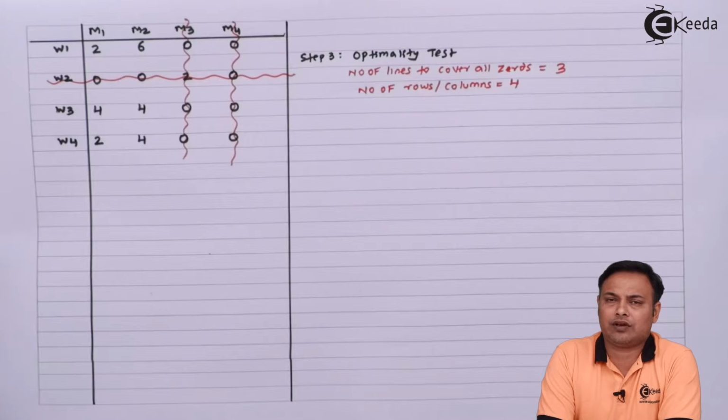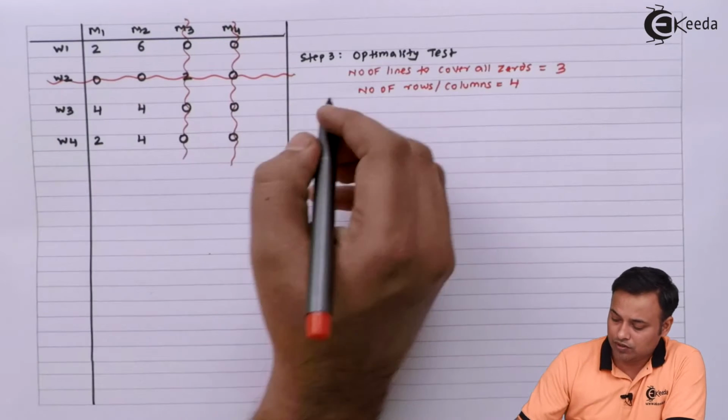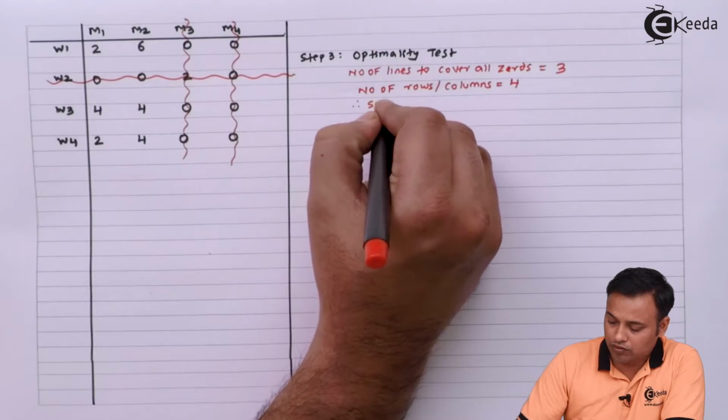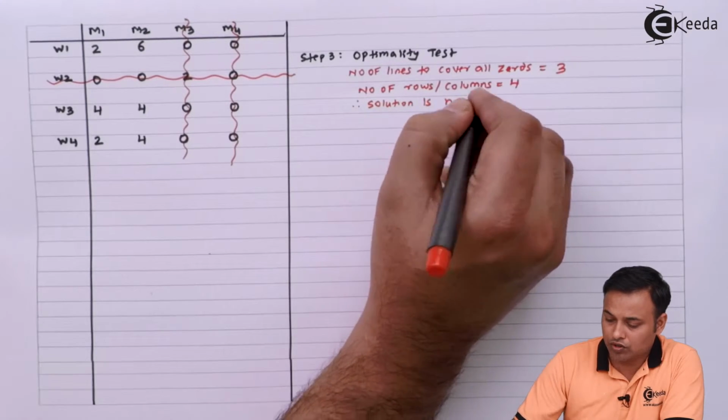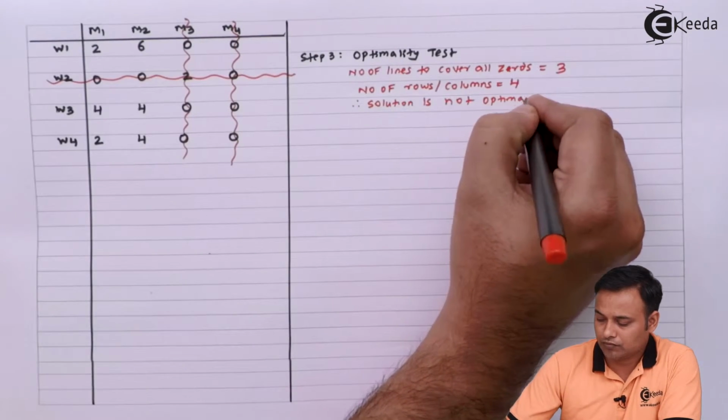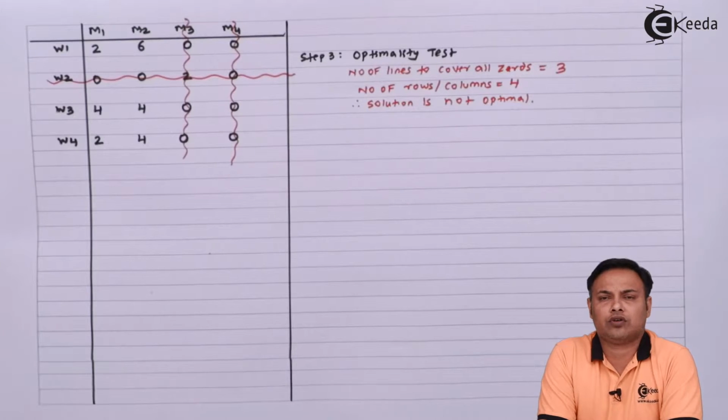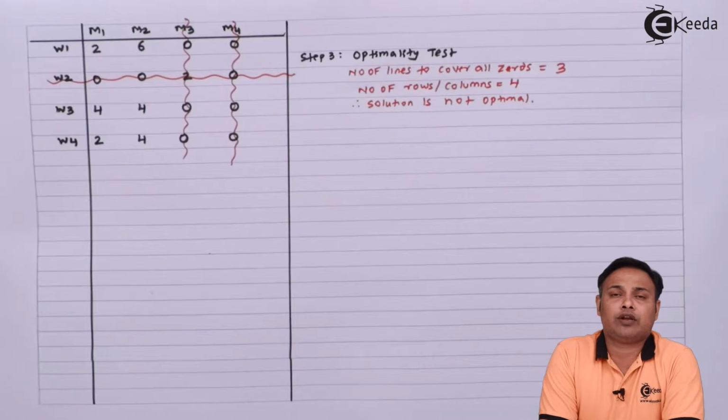That means this table or this step won't give me the optimal solution. Therefore, the solution is not optimal. Now what can be done to improve this solution?